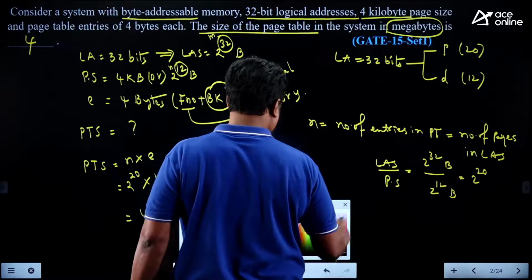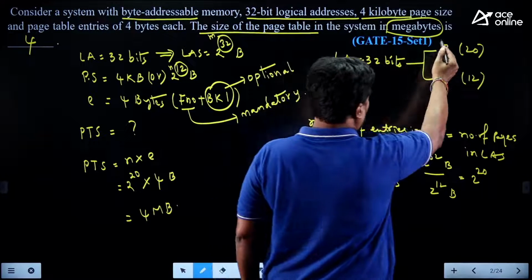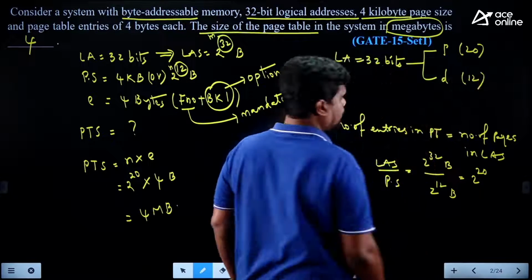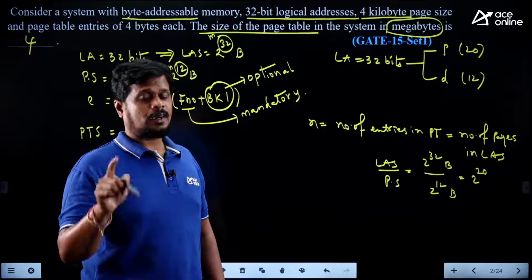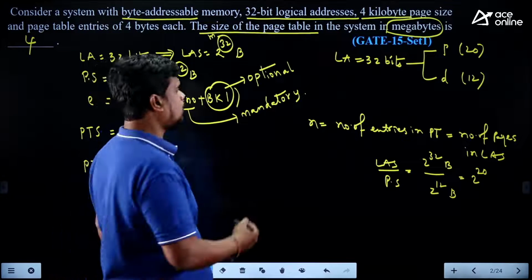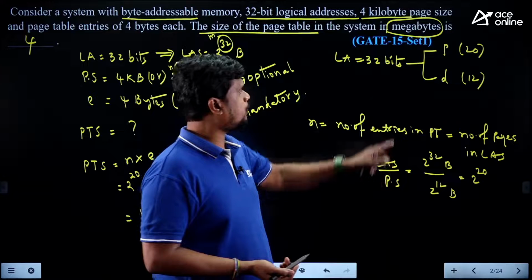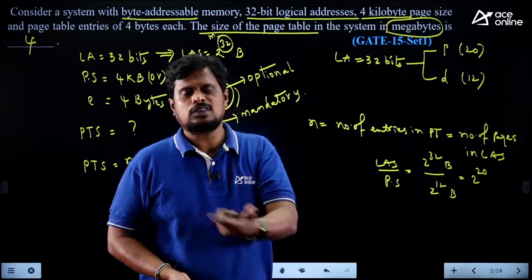Without using this formula, if you verify, the number of bits to represent the page number is 20. If you are using 20 bits to represent one page, then how many such pages can you have? 2 to the power of 20, correct? So it means that the number of pages in your LAS is equal to the number of entries in your page table.